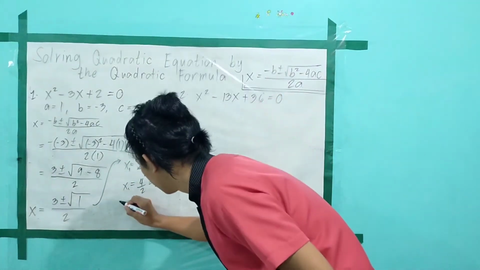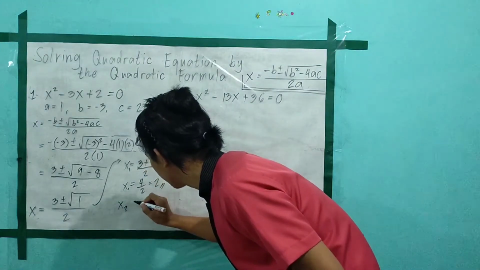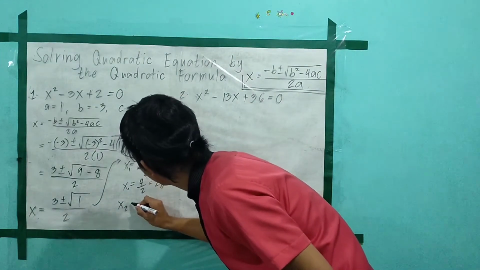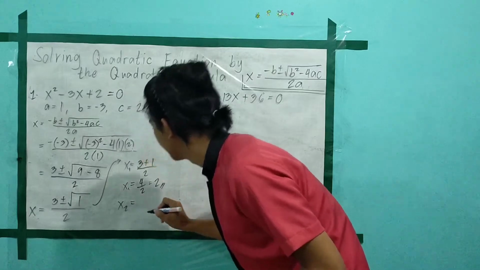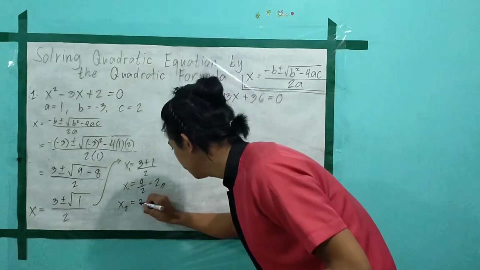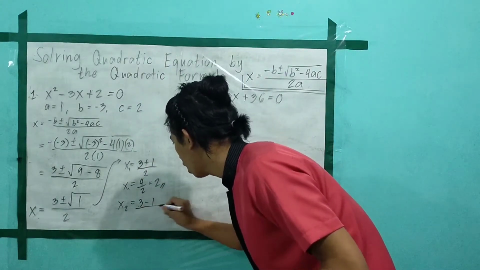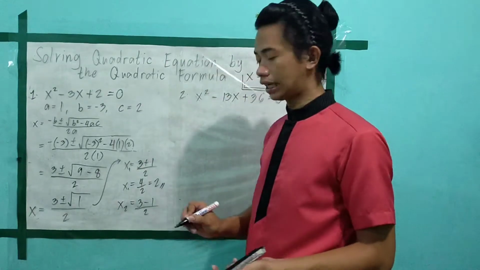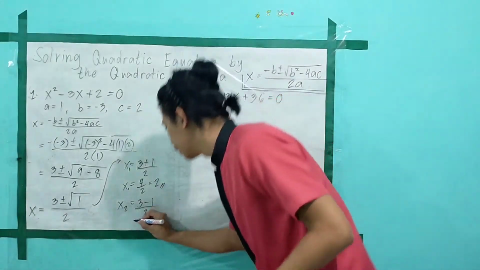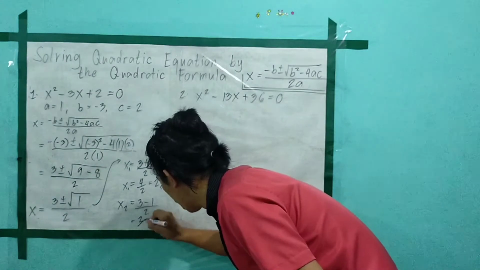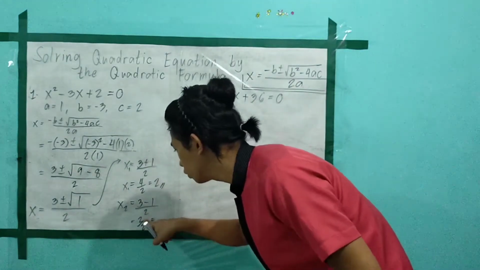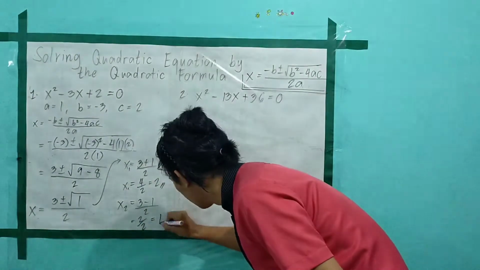Okay, next tayo, x sub 2. X sub 2 natin is equal now to 3 less 1 all over 2. 3 minus 1, we have 2 over 2, is equal now to 2 divided by 2 is equal to 1.